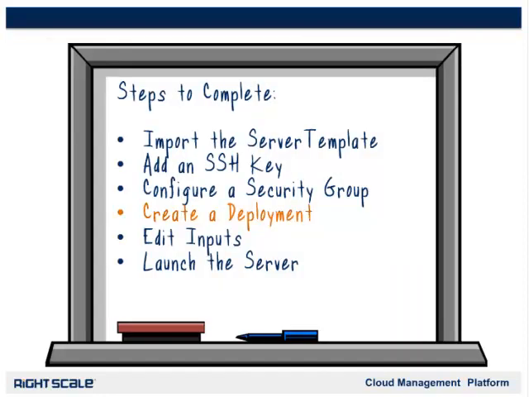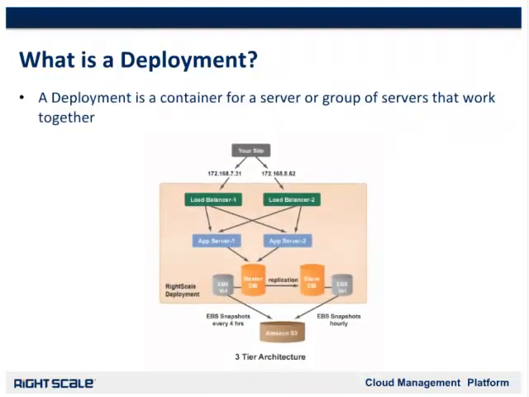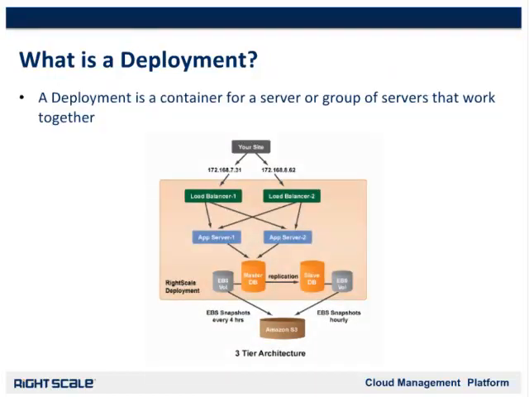Next, we will create a deployment. Our next step is to create a deployment and then add our WordPress blog server to it. A deployment consists of a cluster or group of servers that work together and share common input variables and cloud configurations. In a deployment, you can manage a group of servers in the same way that you would manage a single server.